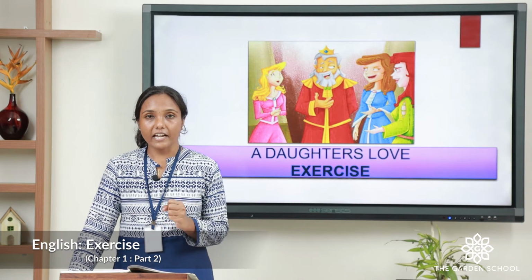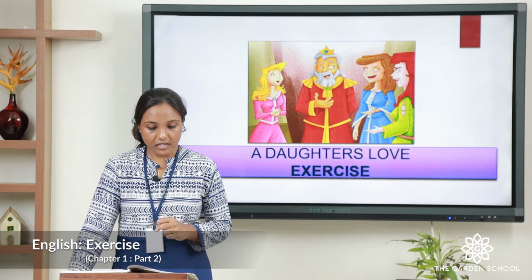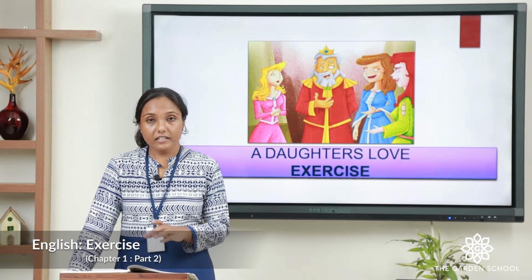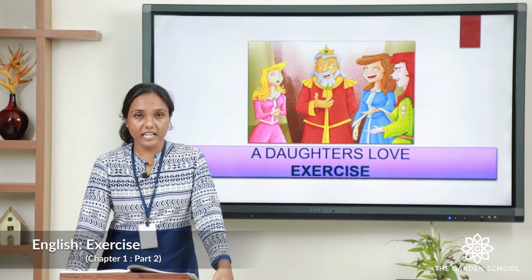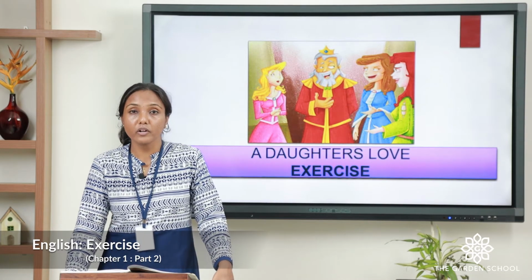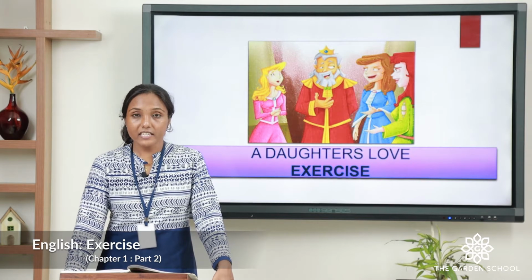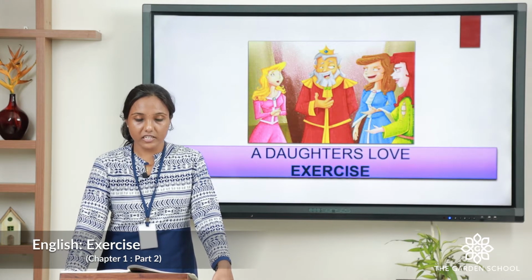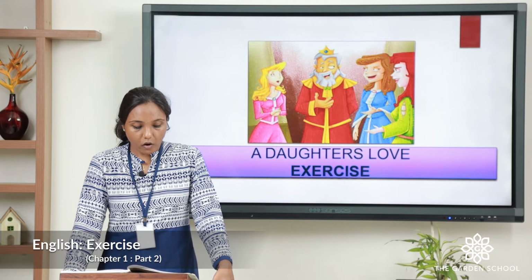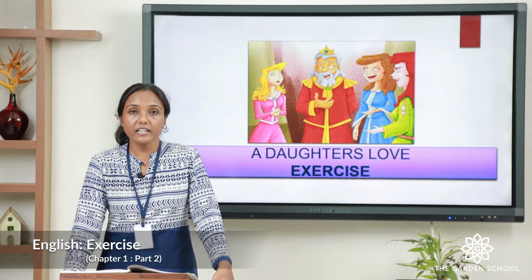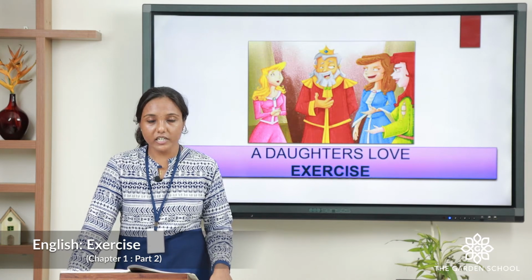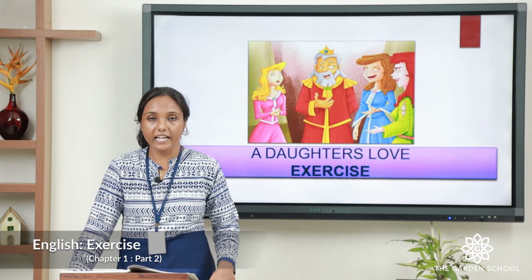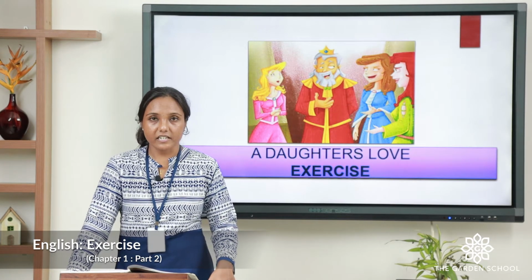Now, let us see the activity on this. Circle the subject and underline the predicate in these sentences. One has been done for you. Let us see the first one, which is done: The crocodile swam lazily in the river. Here you have to circle the subject from the sentence and underline the predicate.